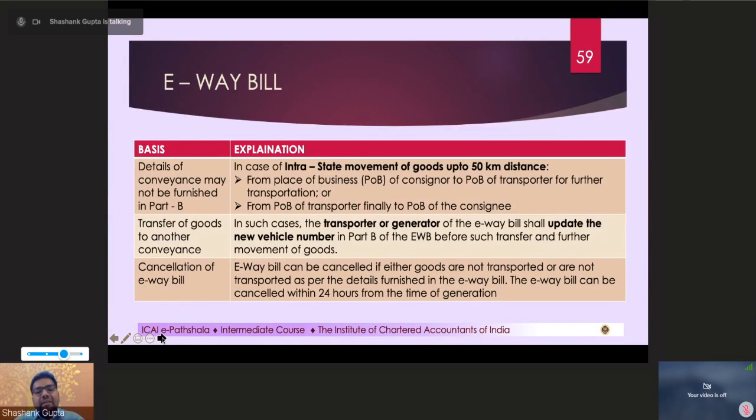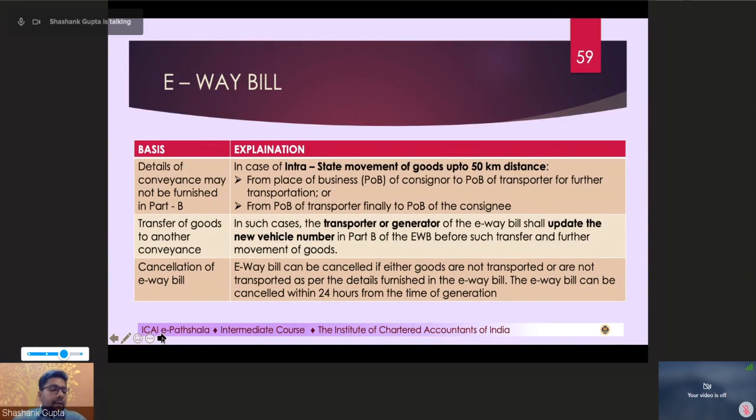So when is the detail not required to be furnished in part B? In case of intrastate movement, intrastate meaning within the state, up to 50 kilometer, that too from place of business of consignor to place of business of transporter.